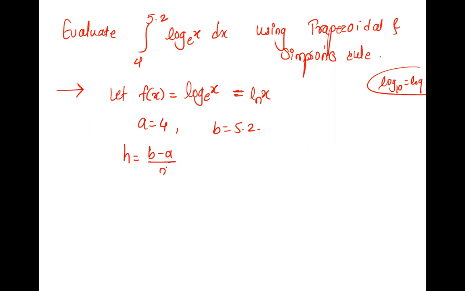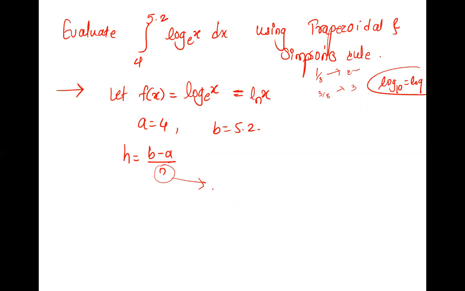So n, the number of intervals, because we have to solve by all the 3 methods, and it is not given, right? So which n is useful here? Trapezoidal can be anything. Simpson's 1/3 will need the even value, and 3/8 will need the multiple of 3. So which one is the better option? 6.